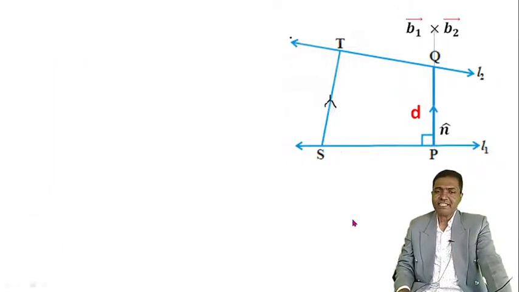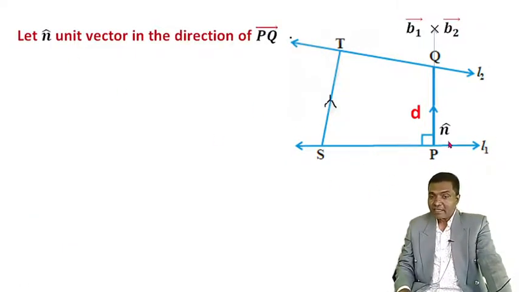Let us call this n cap. Consider it a unit vector in the direction of vector PQ, a vector which is perpendicular to both L1 and L2.